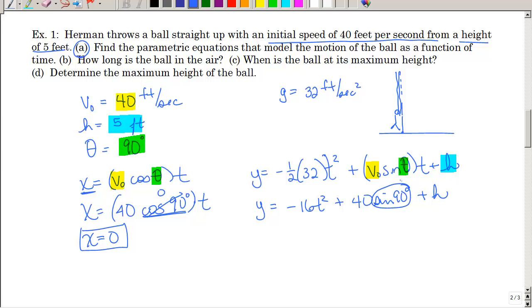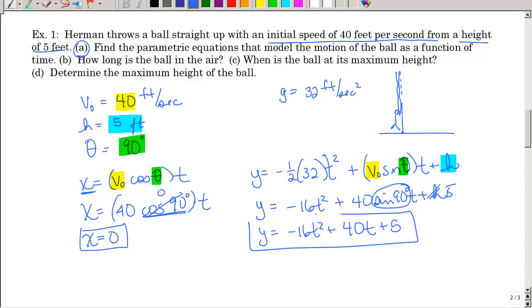Now what's the sine of 90 degrees? It's 1. Oops, I left out my t right there. And h is 5. So part A, find the parametric equations that model the motion of the ball as a function of time. I've got that.